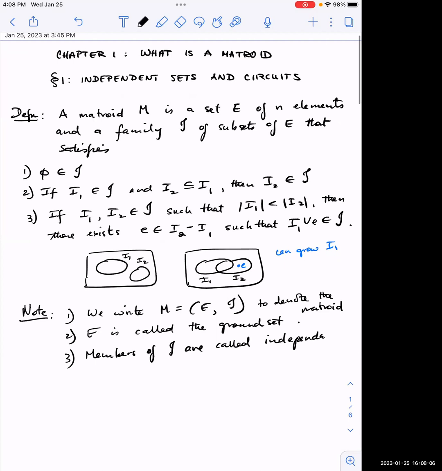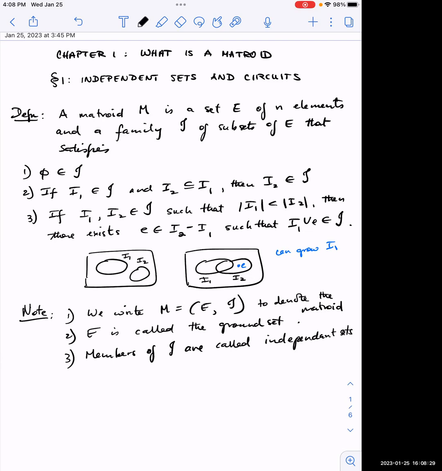A matroid is a set system. It's got a set E and a collection of subsets that satisfy certain properties. And we're listing out the properties here. There are 3 properties, and we're just in terminology still. Independent sets.